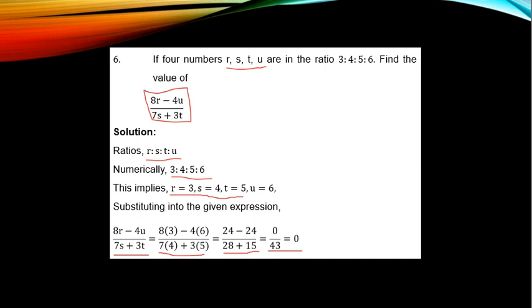So remember, we said ratio is used in comparing, so we are relating the letters to their numerical values in terms of the position that they occupy. That is why we know that R is 3, S is 4, T is 5, and U is 6. So let's continue.